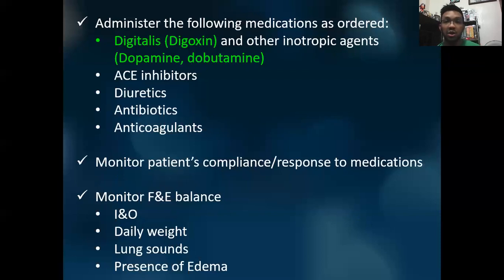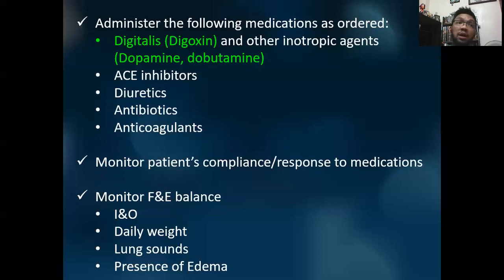Like what we've mentioned, every now and then from this lecture, antibiotics are going to be given, most especially prophylactic antibiotics. There's also a tendency to develop blood clots because of the increased pressure in specific chambers of the heart. In order to prevent that from happening, we give anticoagulants.